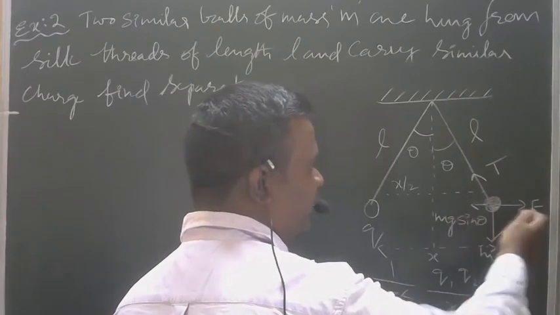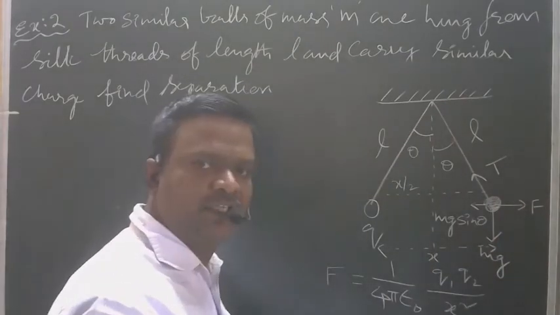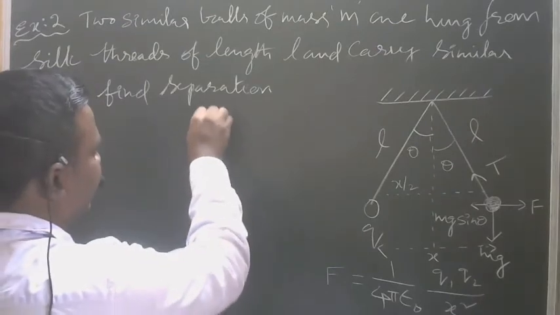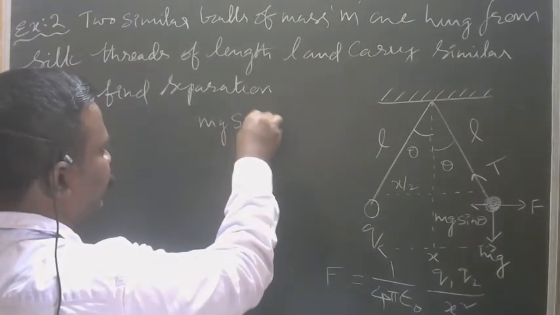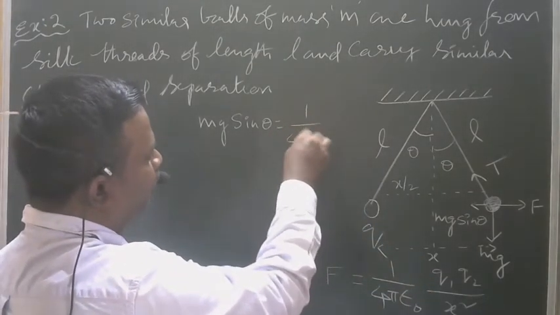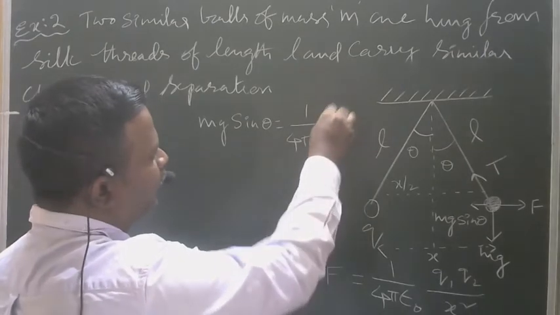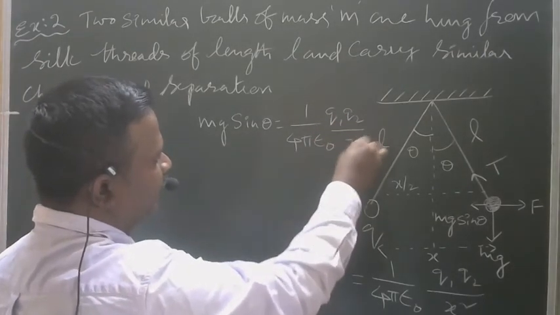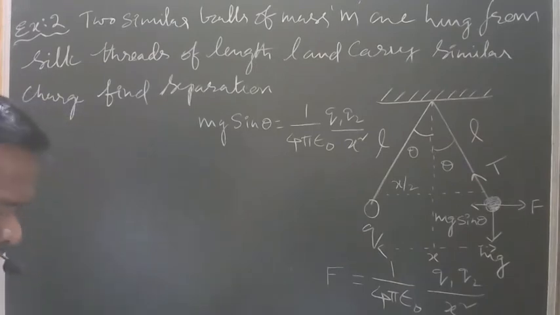I'll write here mg sin theta is equal to that force, that is 1 by 4 pi epsilon naught q1 q2 by x square. In this one, you can use q1 and q2 as q square.